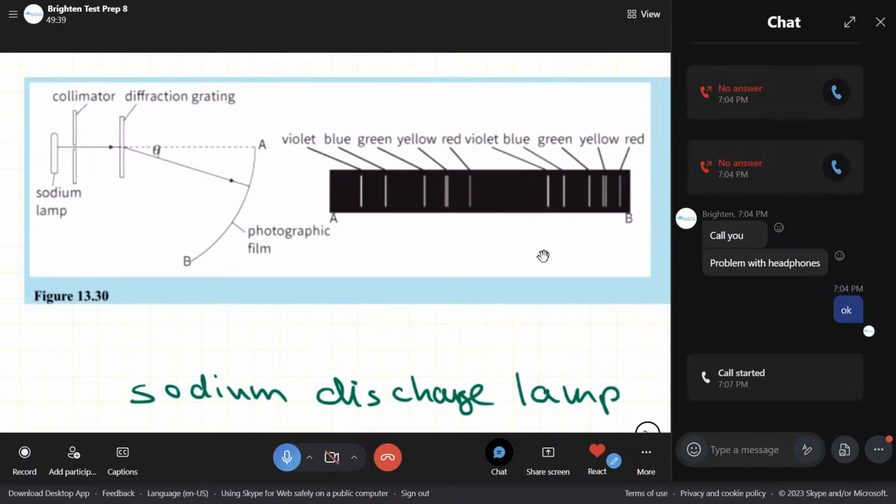Because there are different wavelengths of light in the sodium lamp light. Okay, and so wavelength? How can you explain that when you have the sodium discharge lamp? When you think of orders, what must happen?